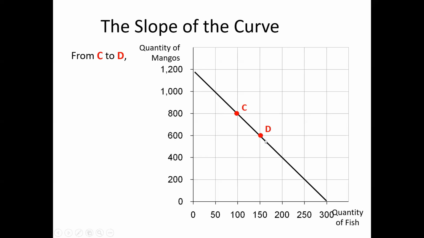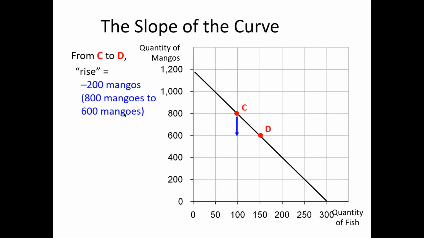The dots are C and D. If you move from C to D, first you will have to come down. When you're coming down, the mangoes are reducing from 800 to 600. So there is a minus 200 mangoes. You have to reduce the number of mangoes.